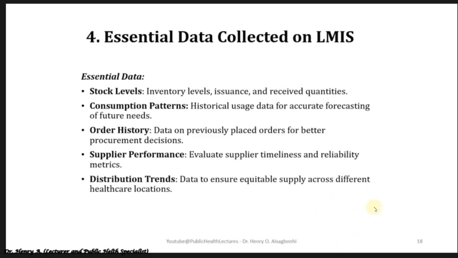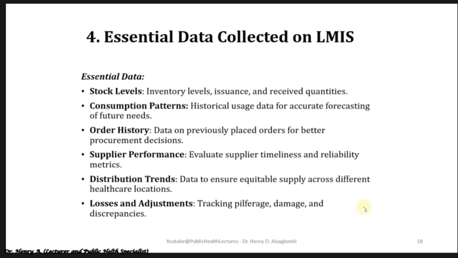Distribution trends. Distribution trends, that's another essential data. This data monitors how commodities move across different healthcare locations. It helps ensure equity, that all facilities from urban to rural receive fair distribution according to their needs.